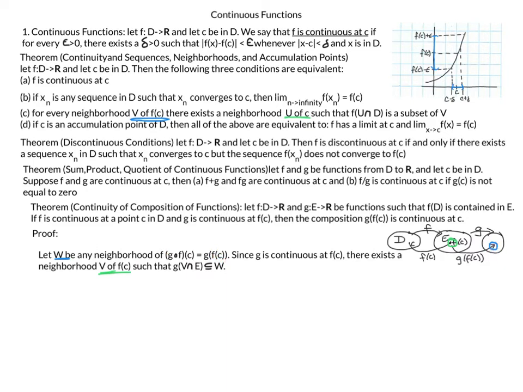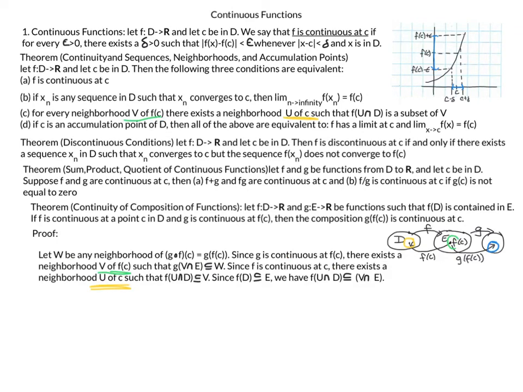That's this blue neighborhood. Since g is continuous, we know that there exists a neighborhood v of f of c, that's in green, such that the image of v intersected with e is totally contained in w. We know this is true because we're given that g is continuous.